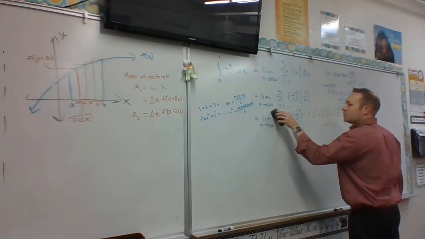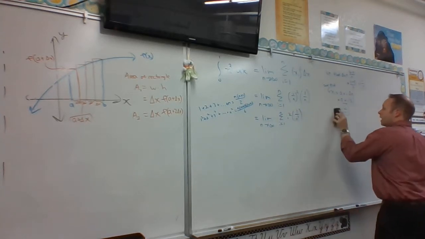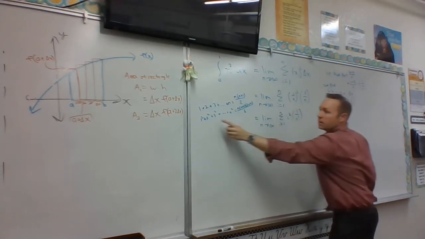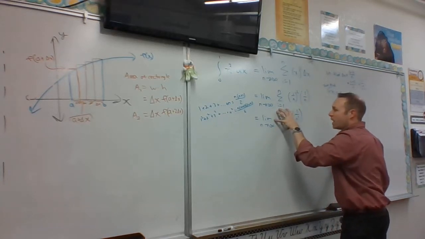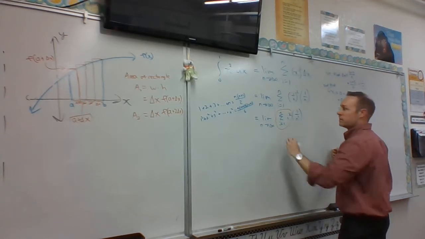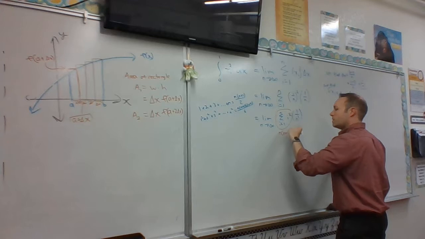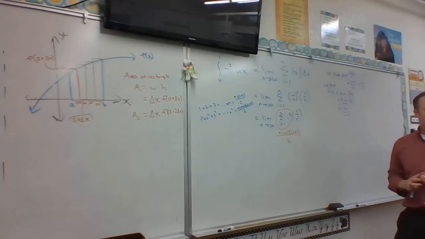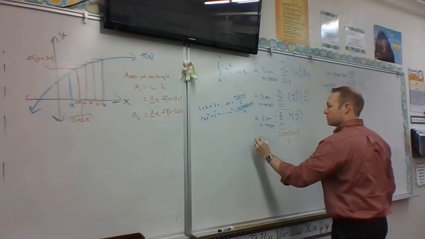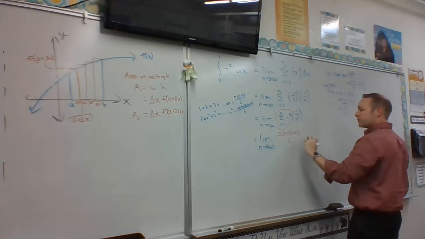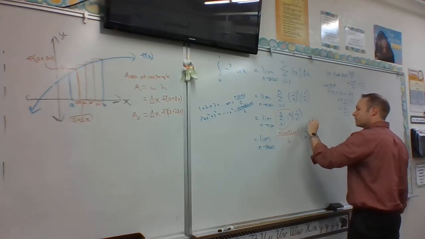I can take the sum of I squared and replace that with n times n plus 1 times 2n plus 1 over 6. And everything else just drops down. So I'm dealing with the limit as n approaches infinity of this times 1 over n cubed.